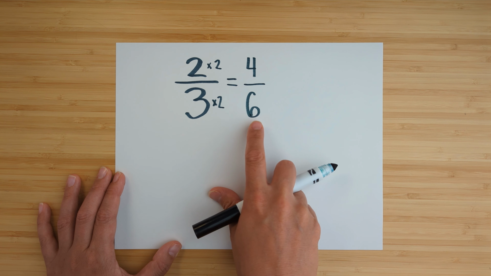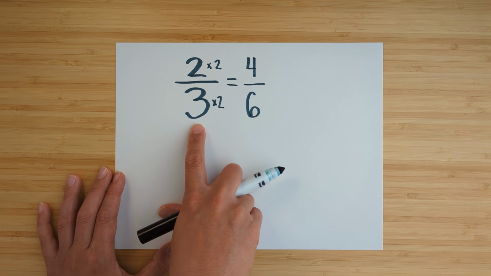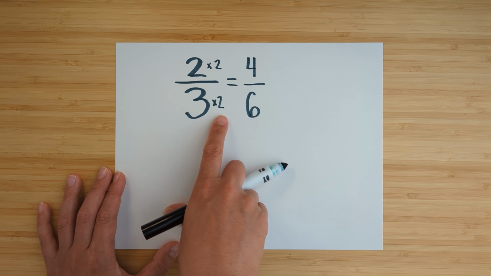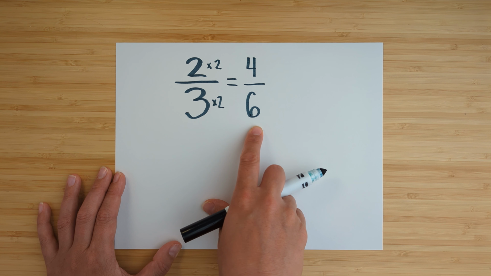Now my denominator is even. Whenever you have a fraction with an odd denominator, you can always rewrite it as an equivalent fraction by multiplying by 2. 2/3 is equal to 4/6.